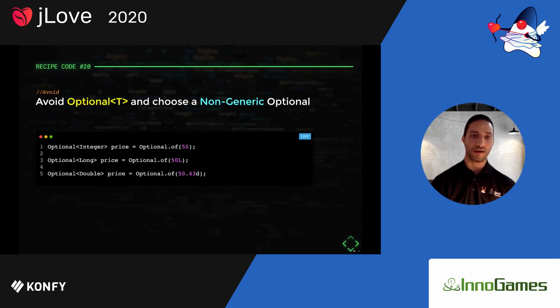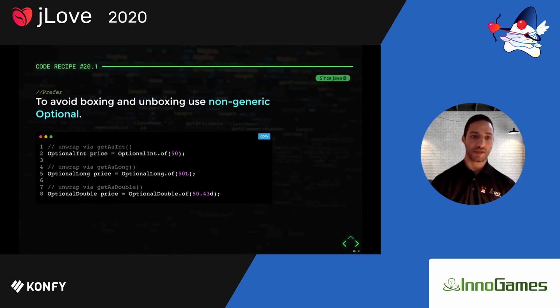So we are lucky that Java introduced OptionalInt, OptionalLong, OptionalDouble as wrapper classes, so there is no boxing and unboxing. If you have numbers, to avoid boxing and unboxing, it's preferable not to use the generic optional, but the non-generic optional for int, long, and double.